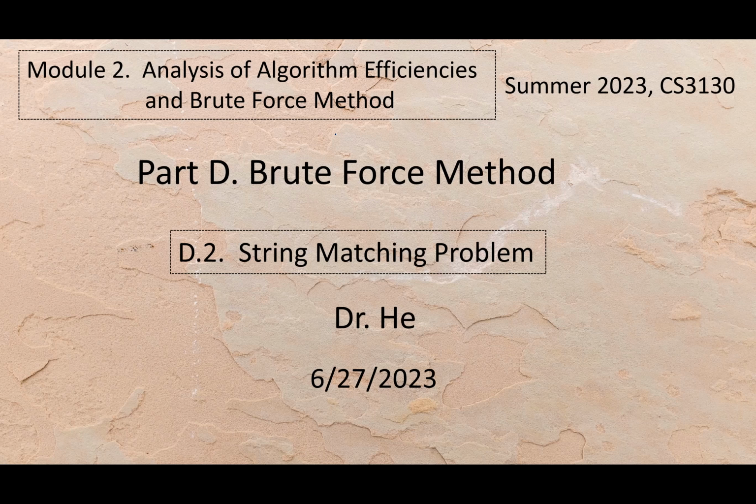Before we move to the next topic, let me say a few more words. When you count the number of comparisons, the selection sort and bubble sort have the same number, one half times n times n minus 1.